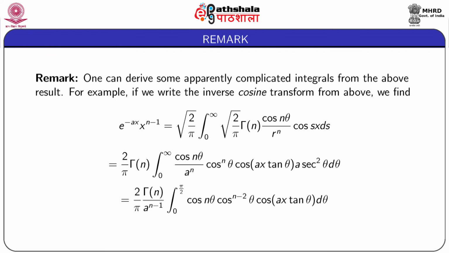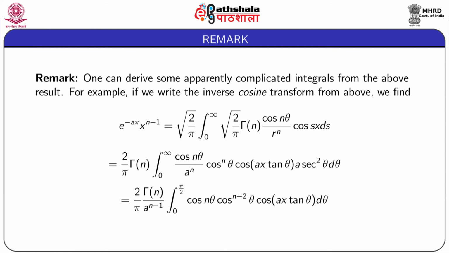so that we can substitute instead of r using those results, and we obtain this integral as 2 by pi gamma n integral 0 to infinity cos n theta by a to the power n, in cos to the power n theta into cos(ax tan theta) a sec square theta d theta.